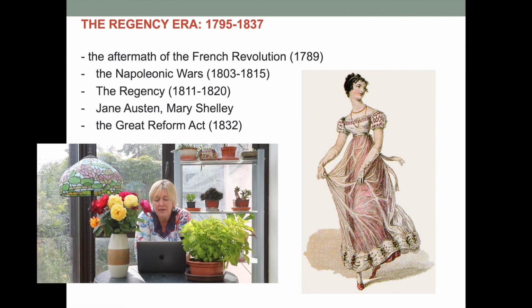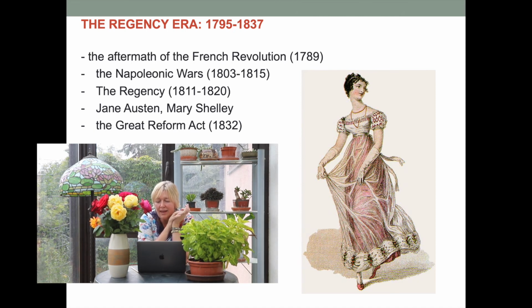So the period from the French Revolution, the Napoleonic Wars mostly, till the accession of Victoria is sometimes called the Regency era, including the actual period when the Prince of Wales ruled as Prince Regent.